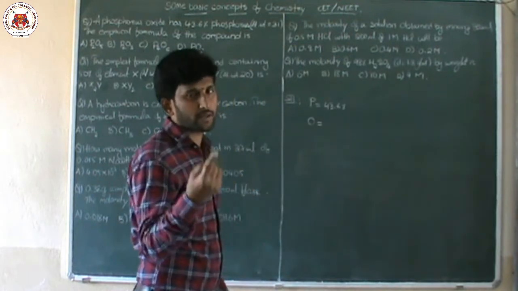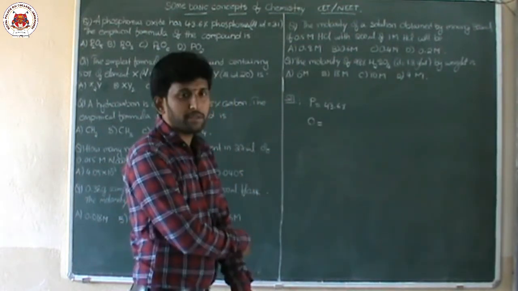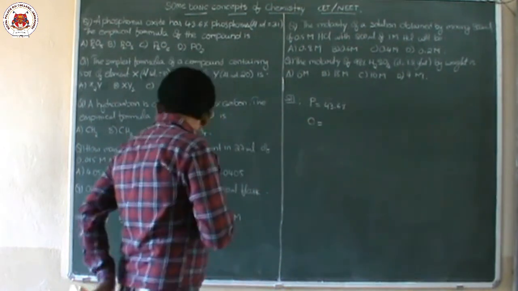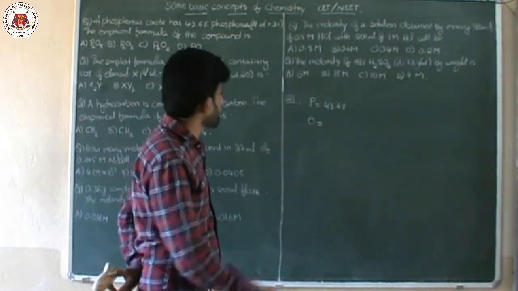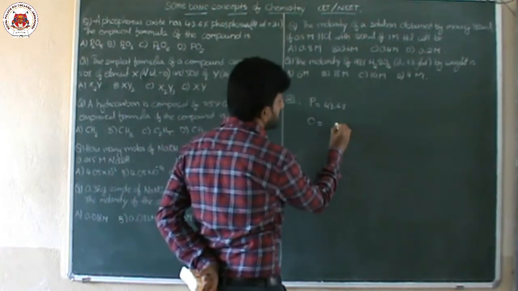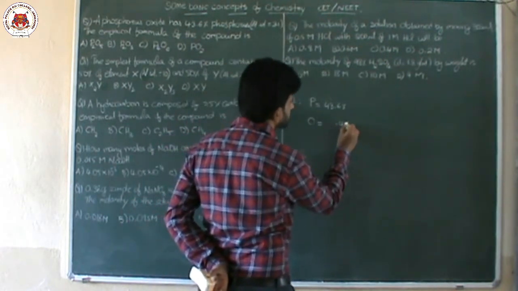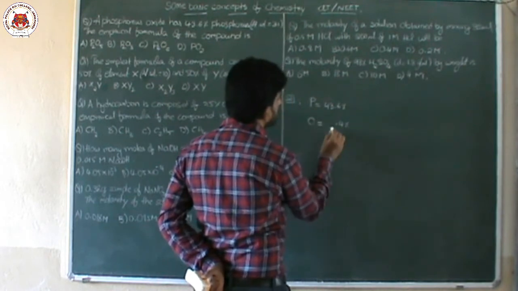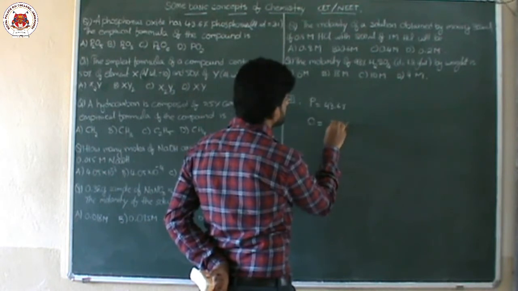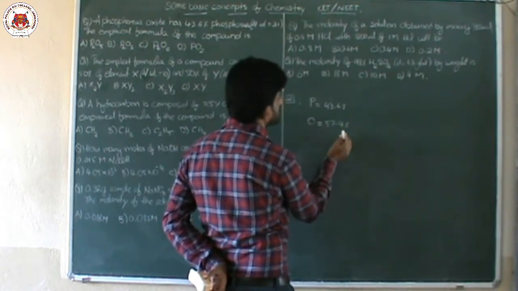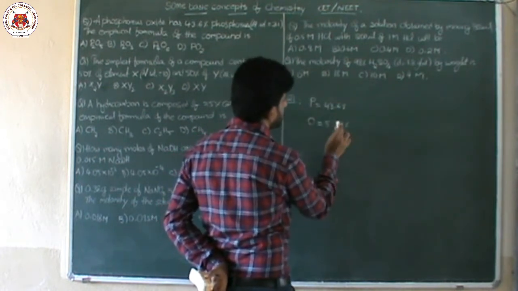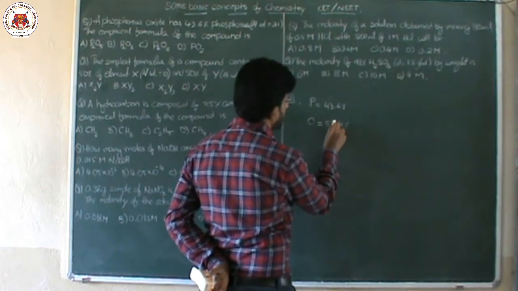100 minus 43.6. So the percentage of oxygen must be equal to 100 minus 43.6, which equals 56.4.